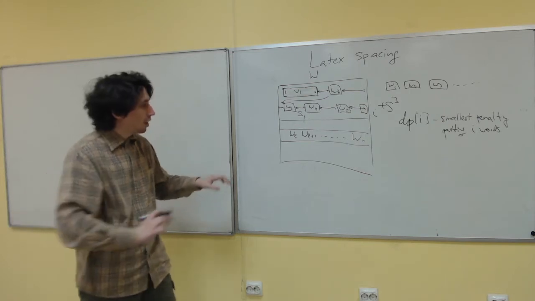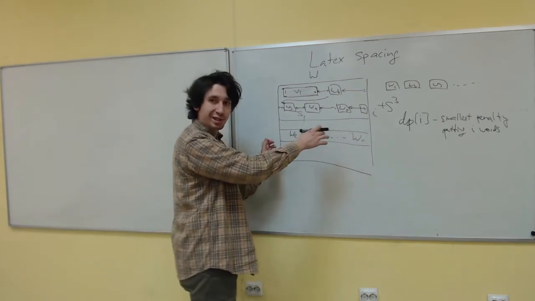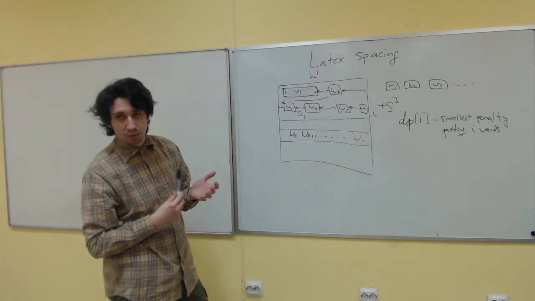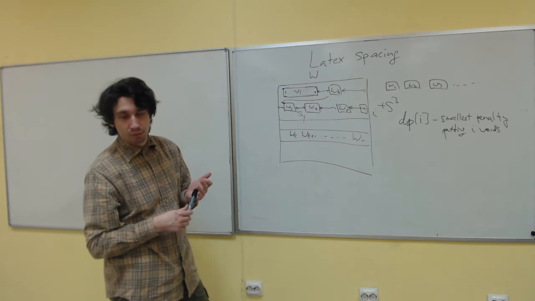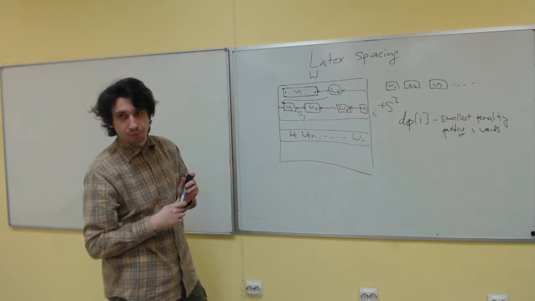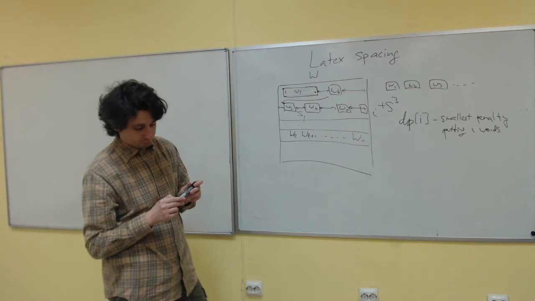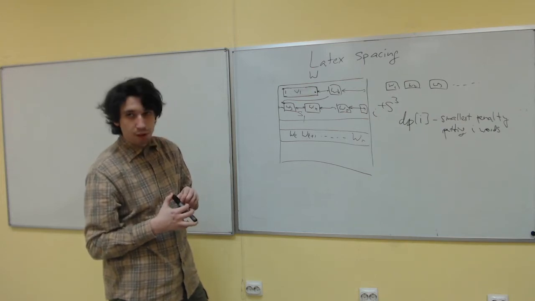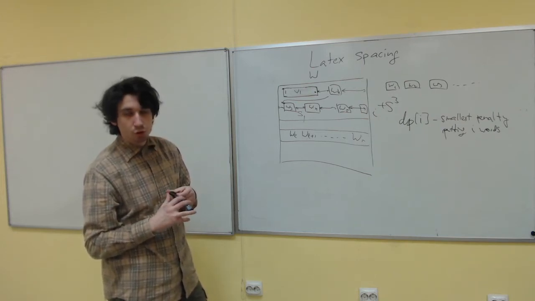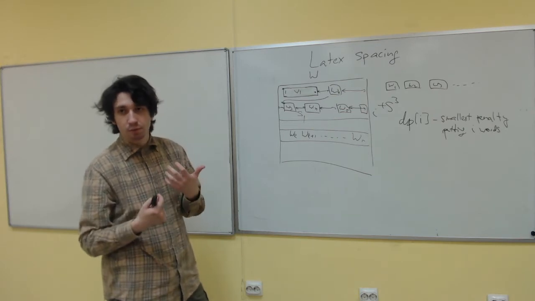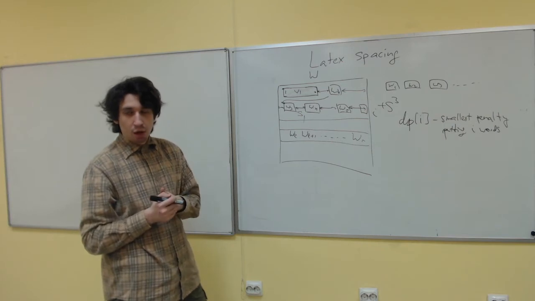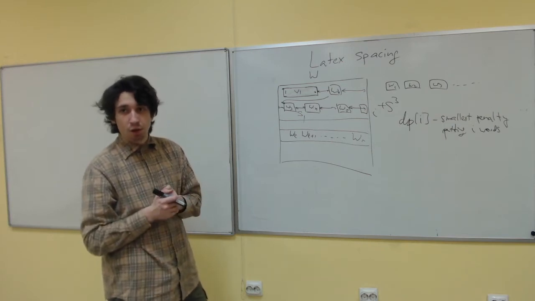Well, how should we place the words here so as to minimize the penalty? Well, we should make the smallest possible intervals between the words, I guess. Yeah, but how to do that? So you know the length of the words, and that's it. You don't know anything else, and you know the number of words.